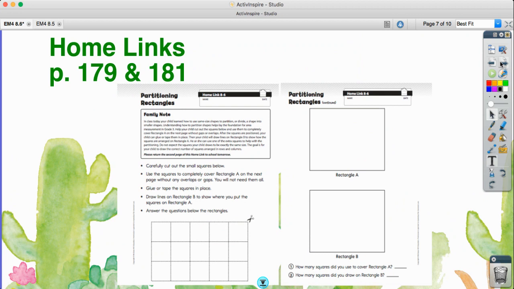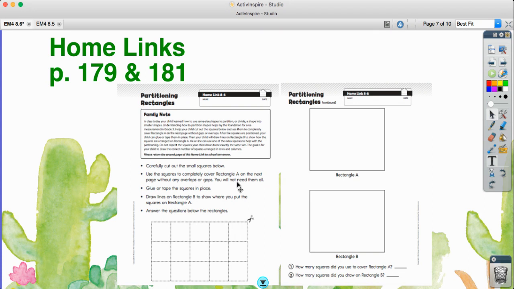For today's home links page, you'll be doing pages 179 and 181. Carefully cut out the small squares below. You'll use these squares for your home links page and for your math journal pages. Use the squares to completely cover rectangle A on the next page without any overlaps or gaps.